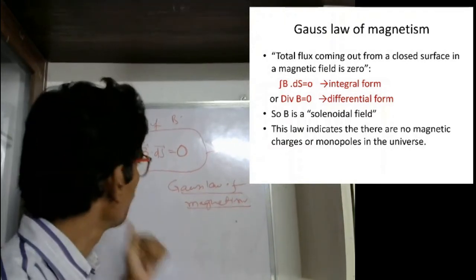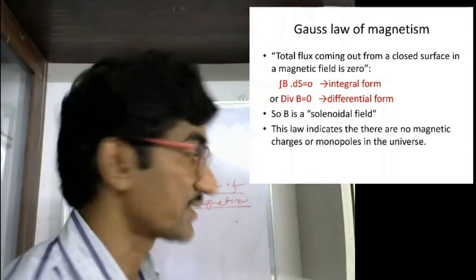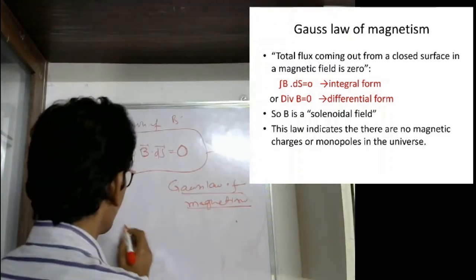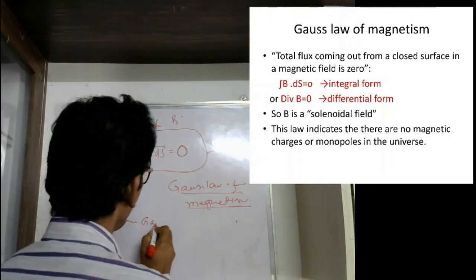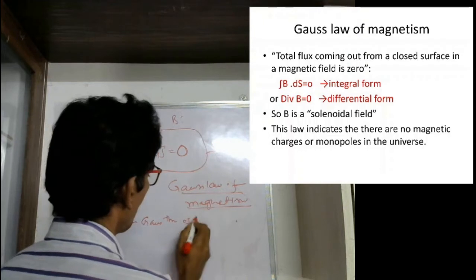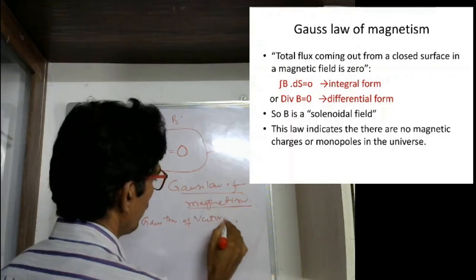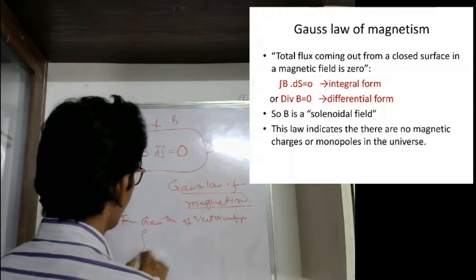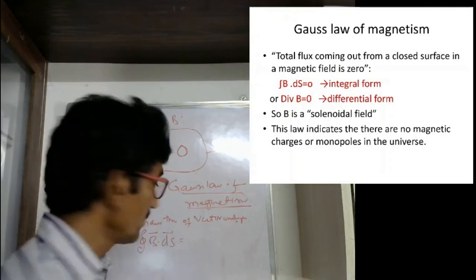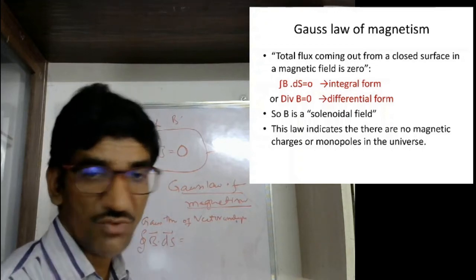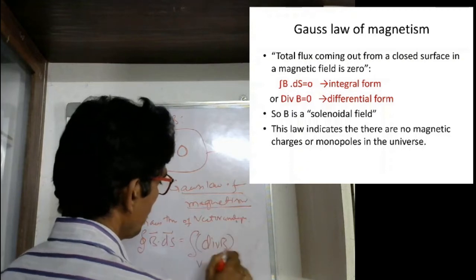From the Gauss theorem of vector analysis, integral B dot ds over the surface converts into the volume integral of div B dv.